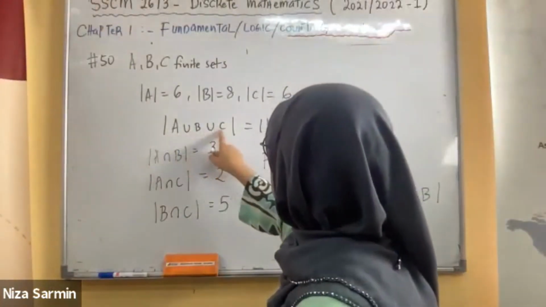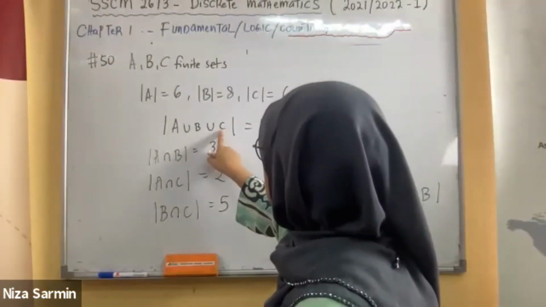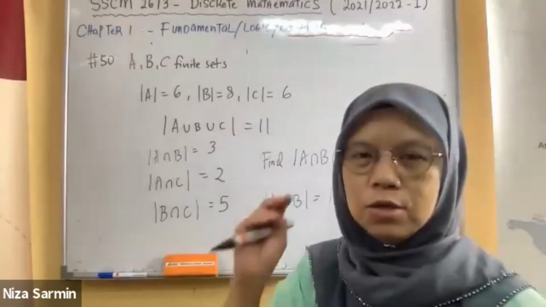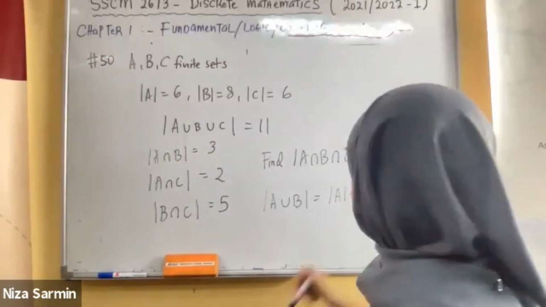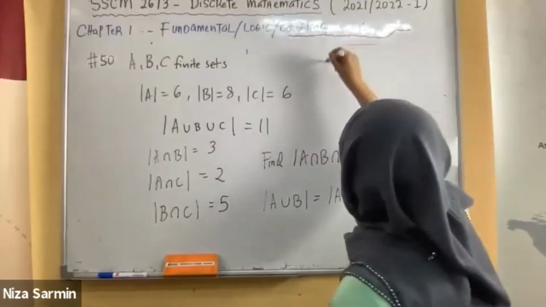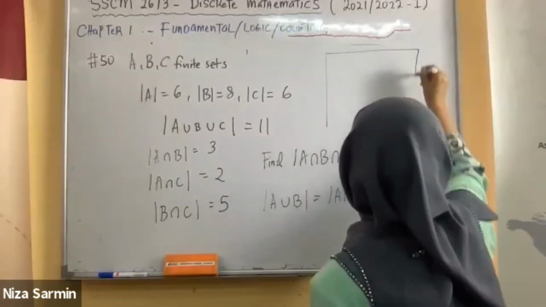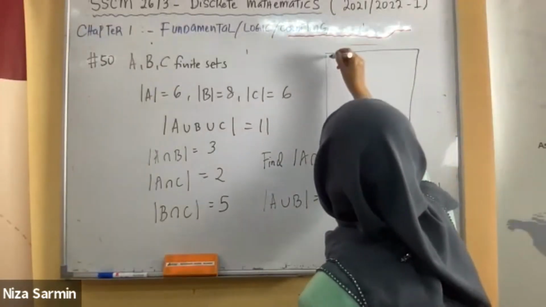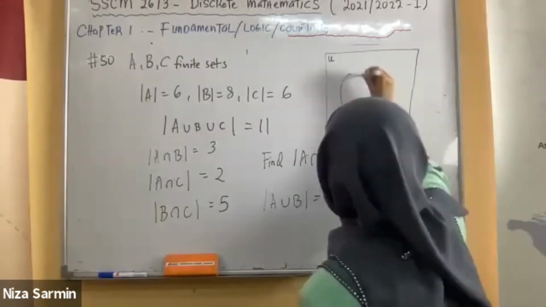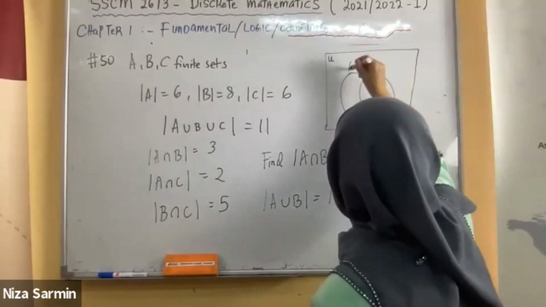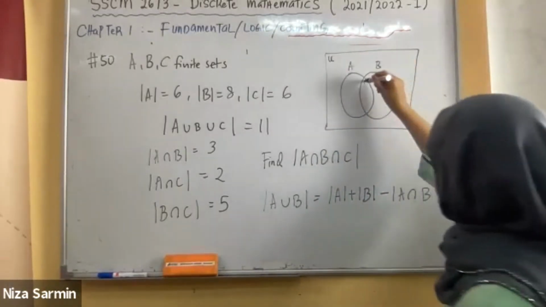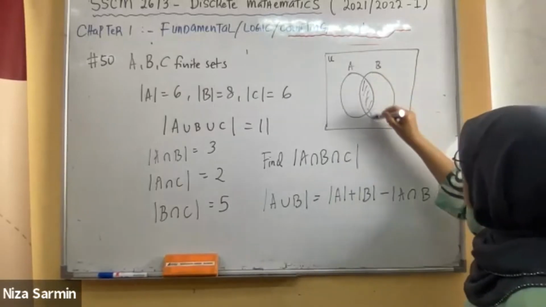A union B union C is A union B. Let me draw. Maybe it's easier to see. This is the intersection, right?